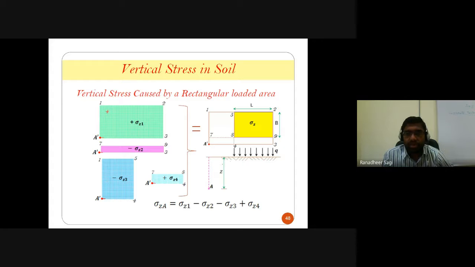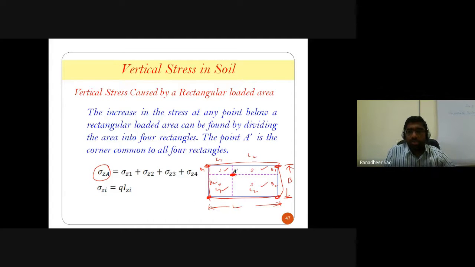The point where I am trying to calculate the increment in stress is at a depth of z below the ground surface. Let's say this is my ground.